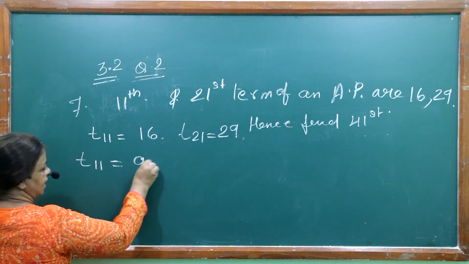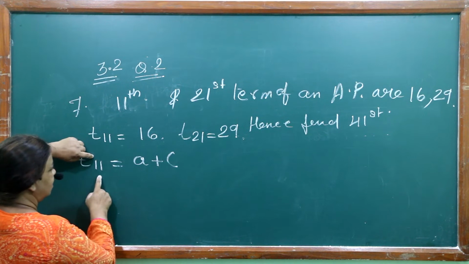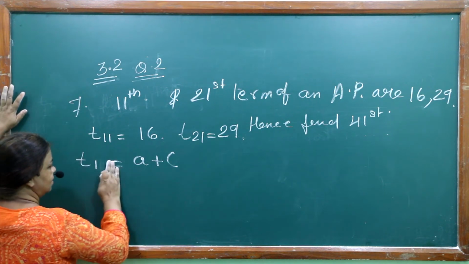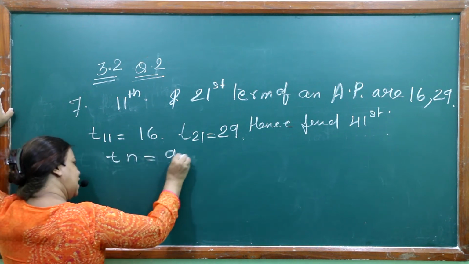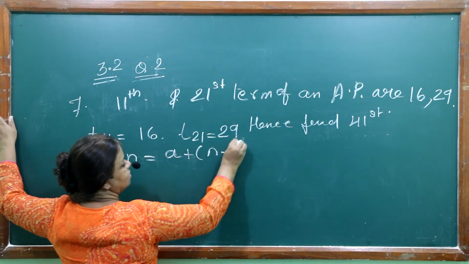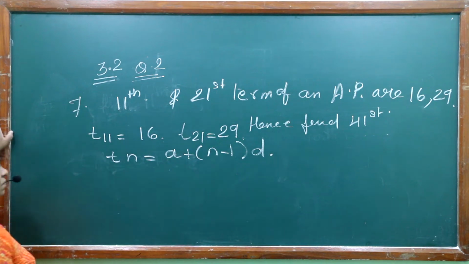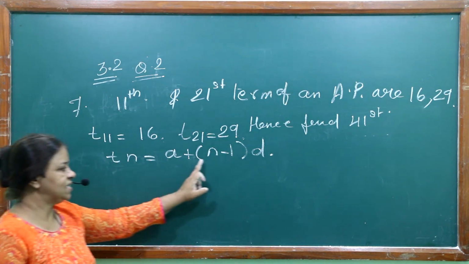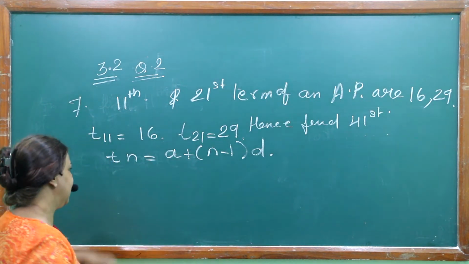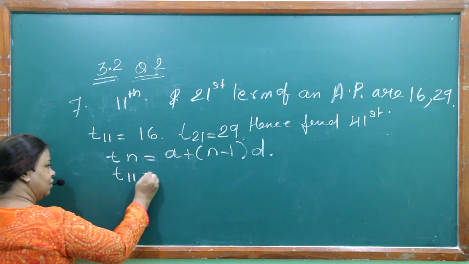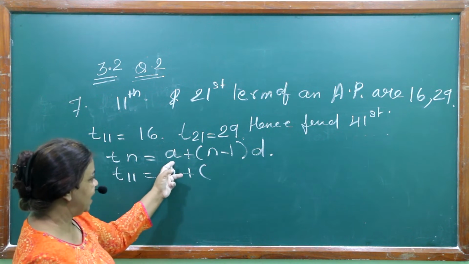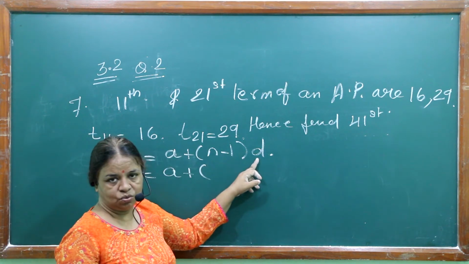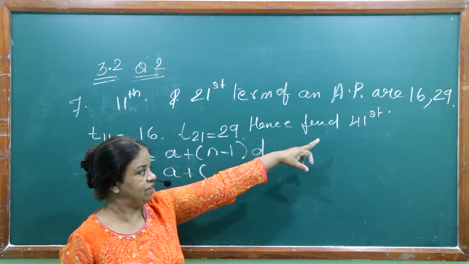First we will write the formula: Tn is equal to A plus n minus 1 into D. We do not have the A or D value here, so we cannot directly find the 41st term.